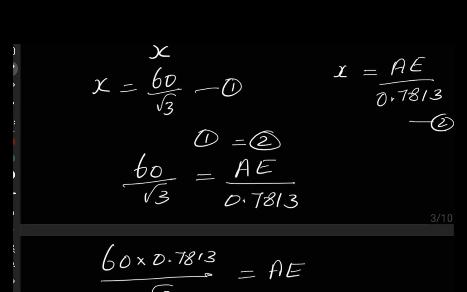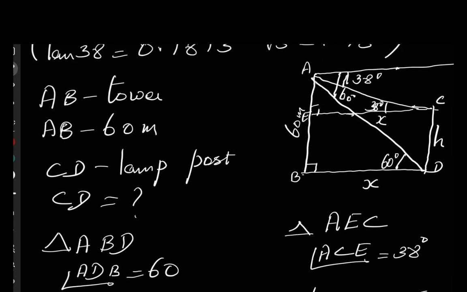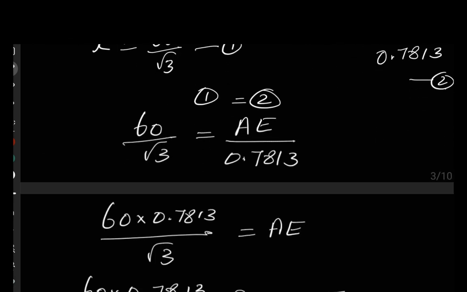Okay, so this is your AE, that is some distance of this tower, but full distance of tower is 60 meter. So you need to find here this distance H. Actually this CD is same as BE. Let me take this H. So in order to find this BE, AE plus BE is equal to 60.